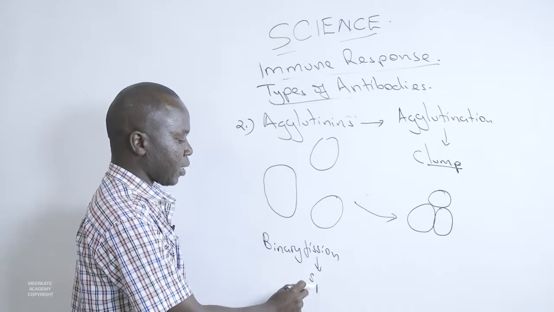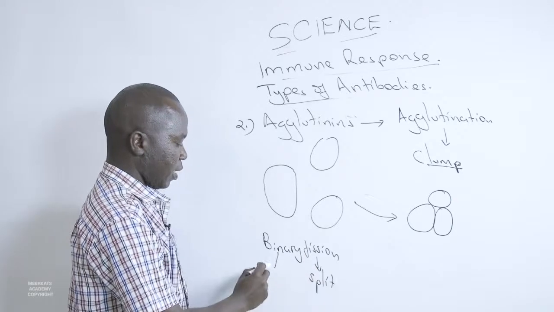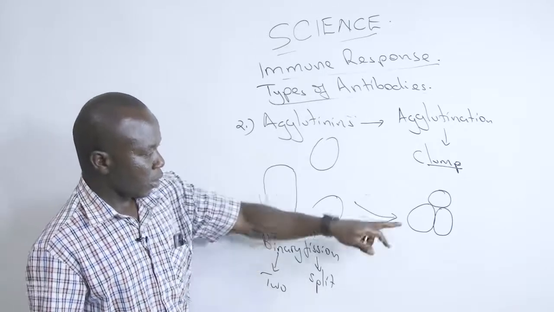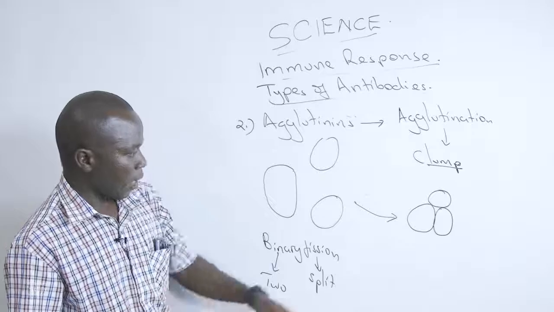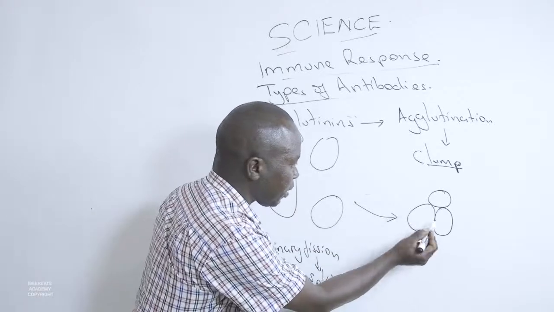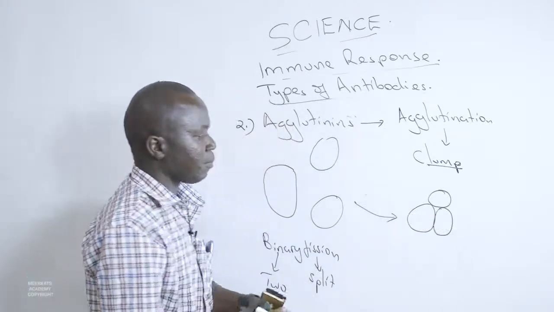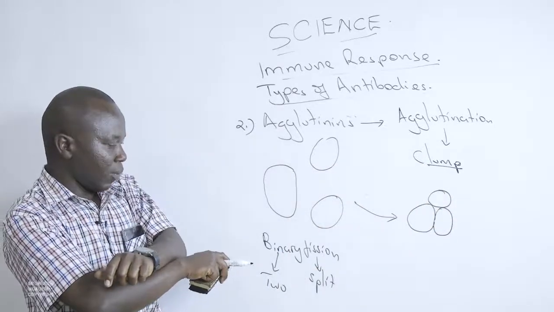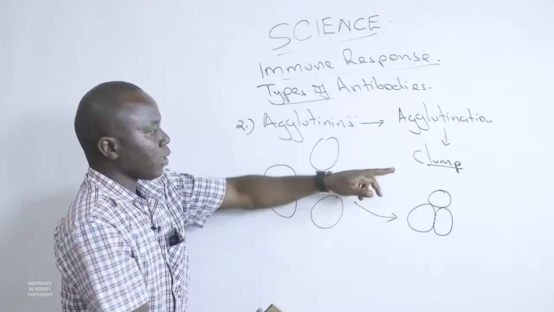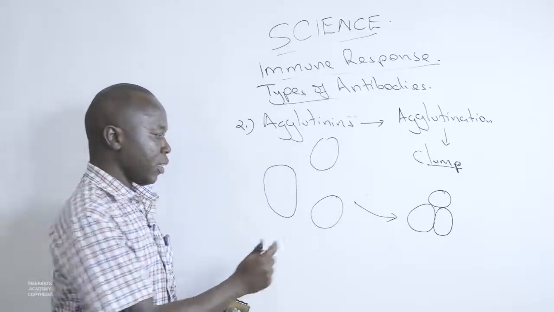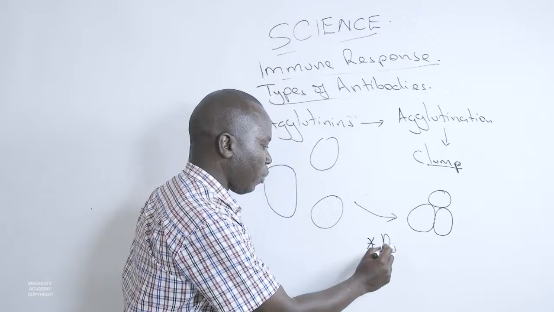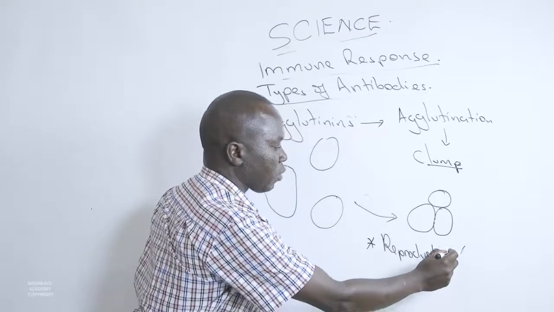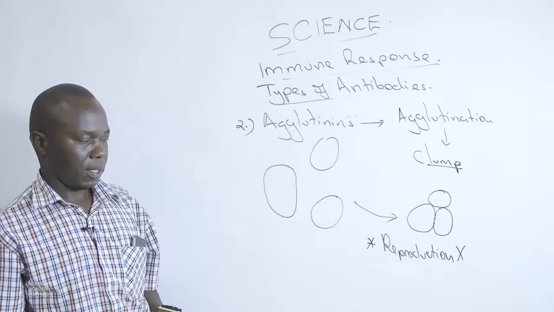Fission means split. Binary is 2, splitting into 2. So if these cells have clamped together, how are they going to split? If you try to split, there is some adherence or some barrier because of the agglutination. So the clamping together of these cells will interfere with reproduction.